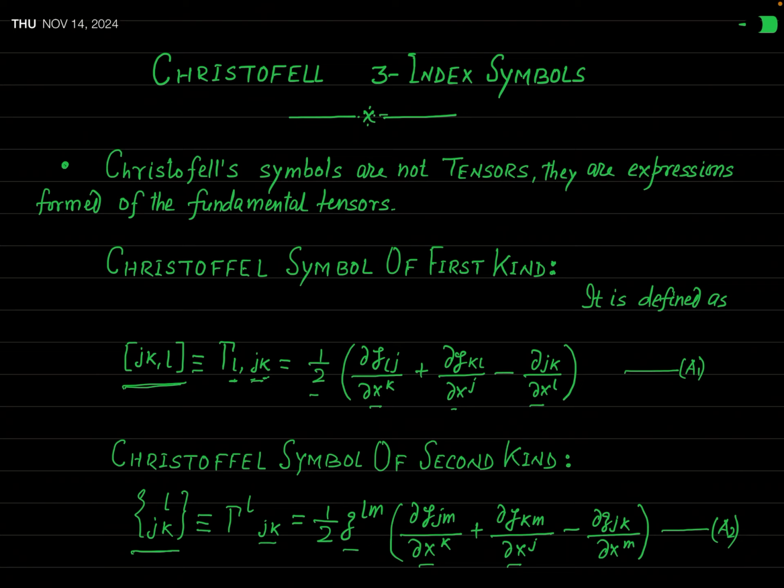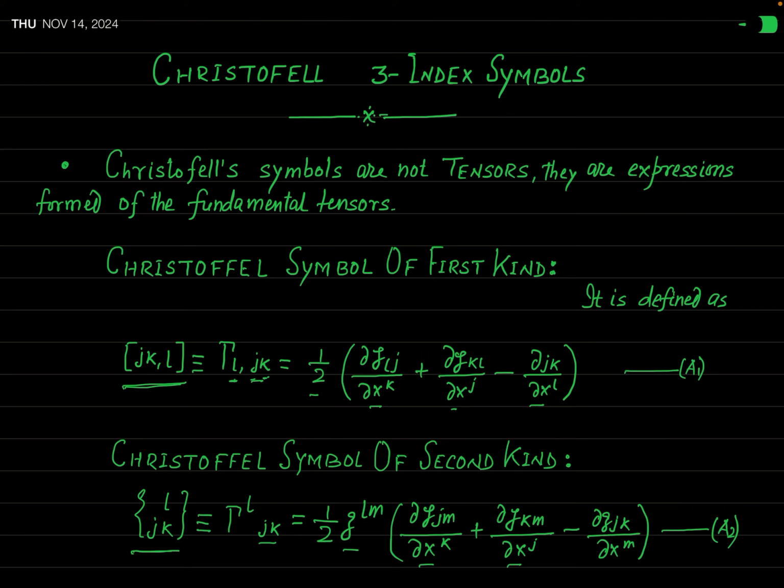So in this way we define the Christoffel symbols in terms of the metric tensor or the fundamental tensor. In fact, in my previous videos I have already discussed this metric tensor or fundamental tensor in very detail. So these are the expressions which define the two types or two kinds of Christoffel symbol, and you have to remember it.